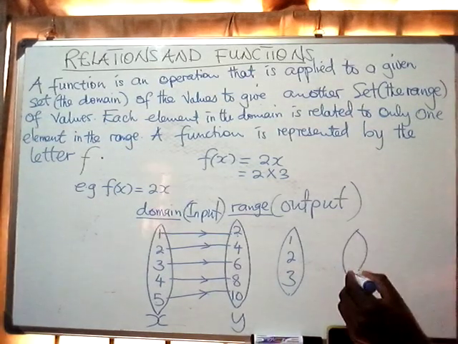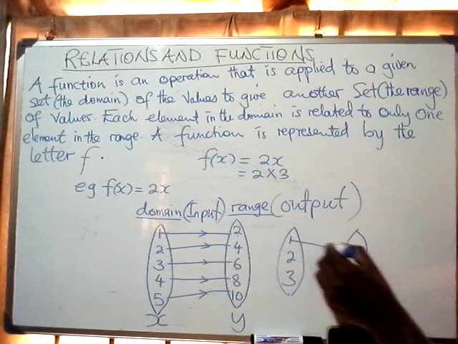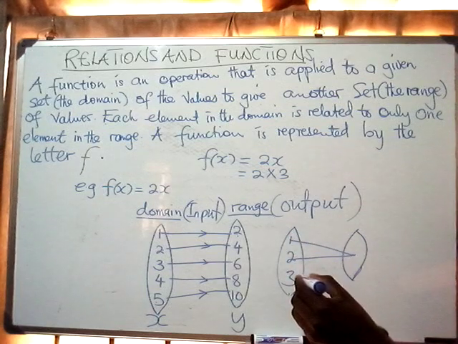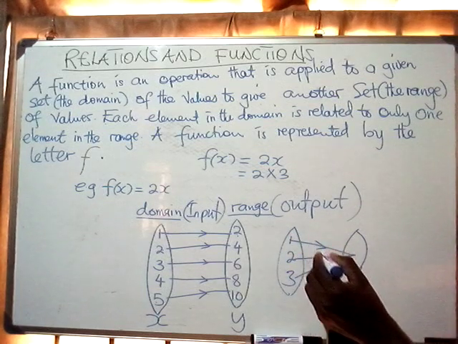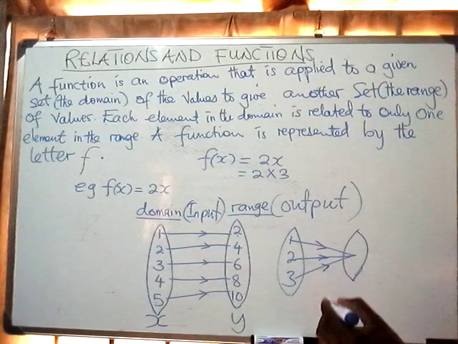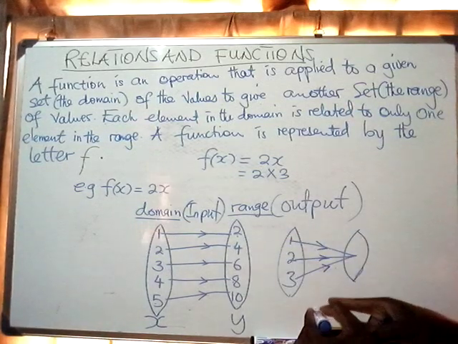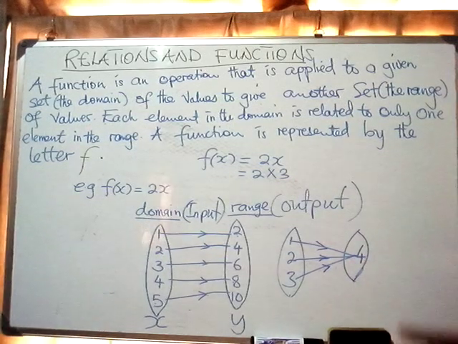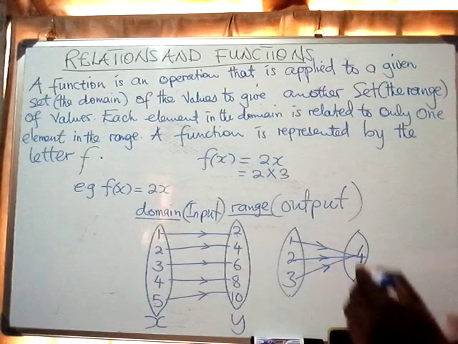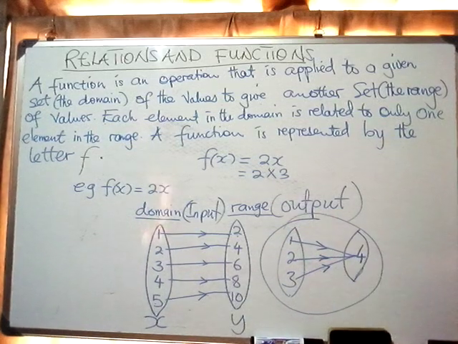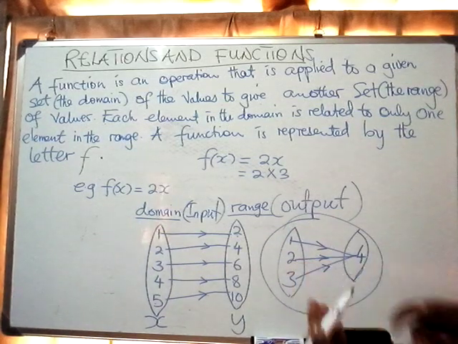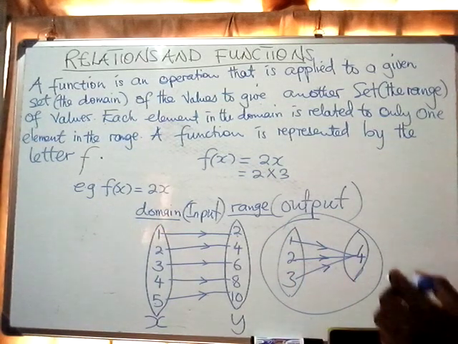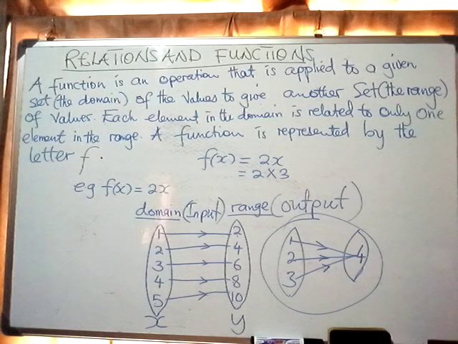We have something like this, where all these values of the domain are coming to one point, giving us the same output or the same range. Such kind of mapping or relationship is also known as a function. So let us see what follows.